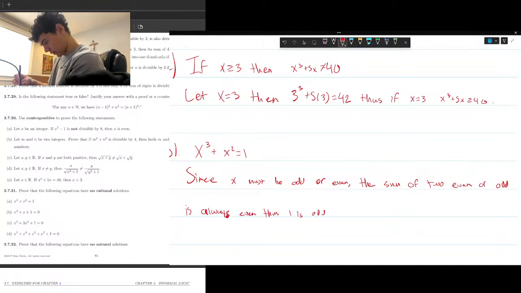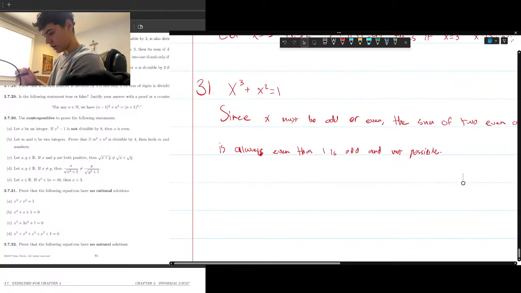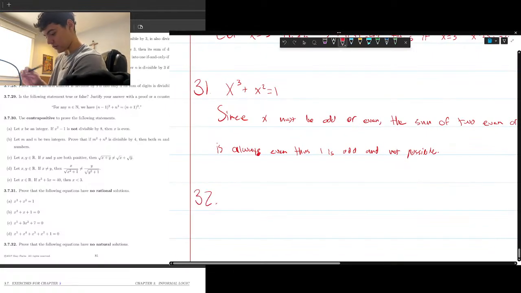Thus 1 is odd and not possible. Okay, so I don't know how they would make it much more difficult than that, but we'll find out, I'm sure.